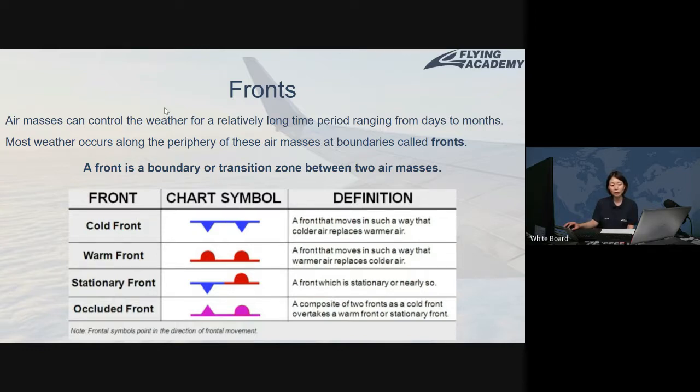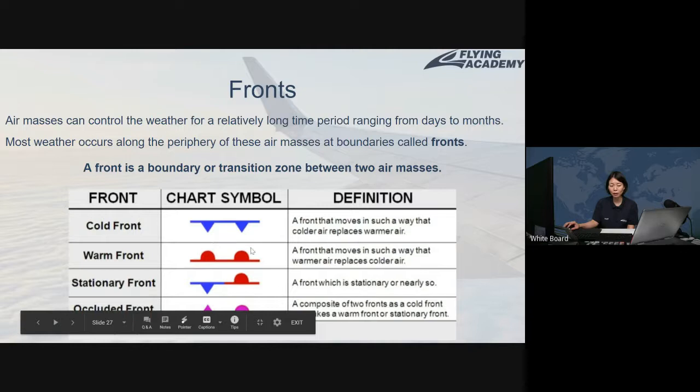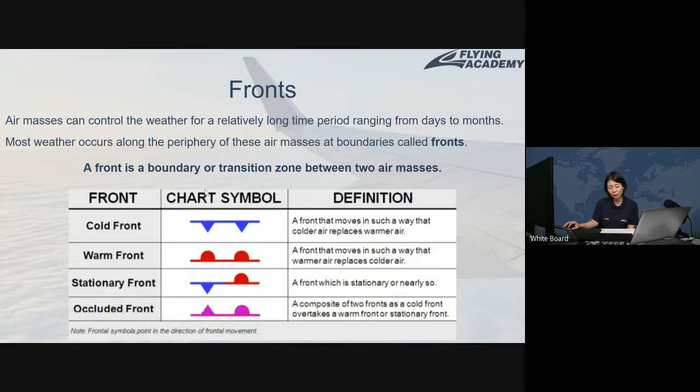When the cold front is coming, it comes with this ice crystal type, the triangle shape, in blue. If it is a warm front, it comes with these bubbles. When you see this picture, it means the cold front is coming from top going down.